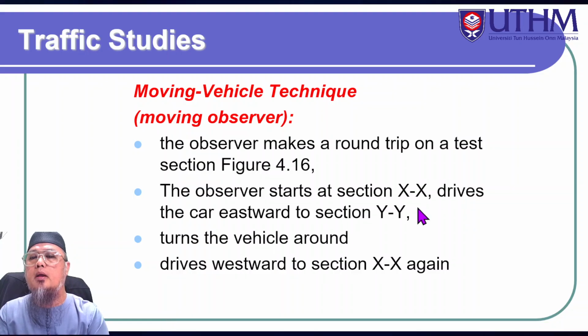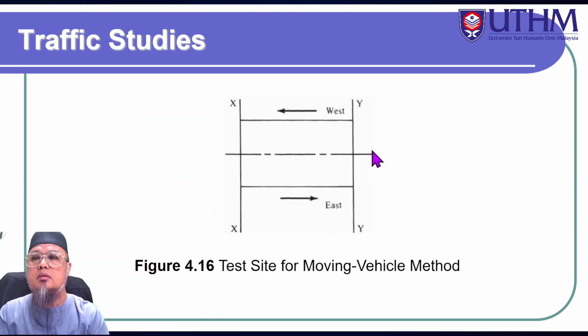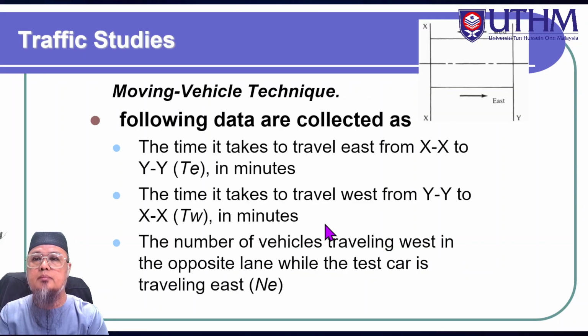At section X, the car drives eastward to section Y, and drives from Y back to section X. So the direction from Y towards X is westbound, and from X to Y is eastbound. They have to decide and determine the section.